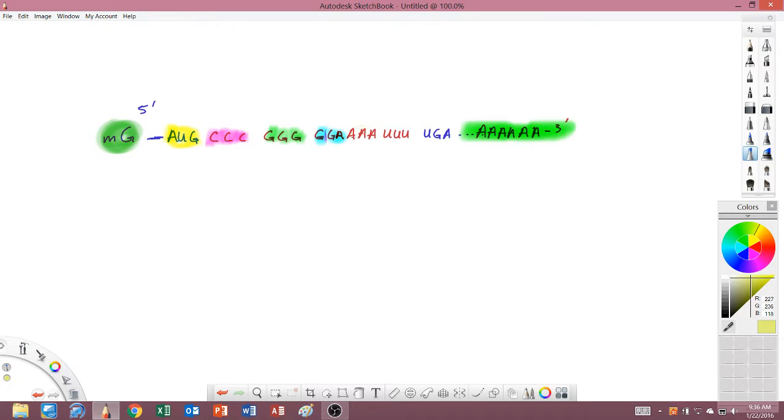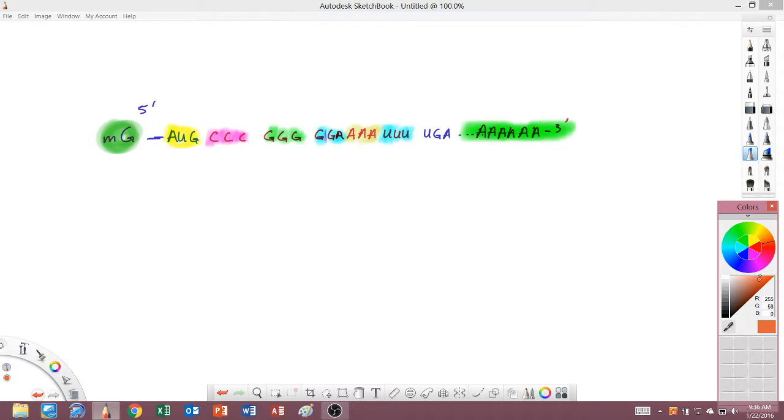This is red. This is another codon. Another codon. And then you have one more codon. If there's extra beyond that, that's okay. But let's say there's another codon. As soon as you find AUG, you start counting 3 nucleotides at a time. That becomes 1 codon. And what does a codon code for?